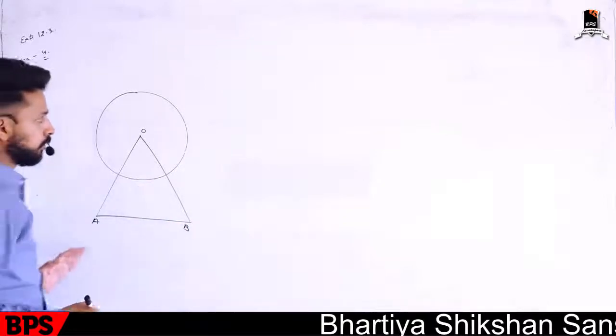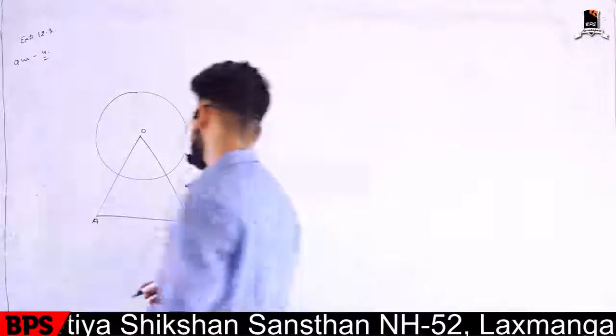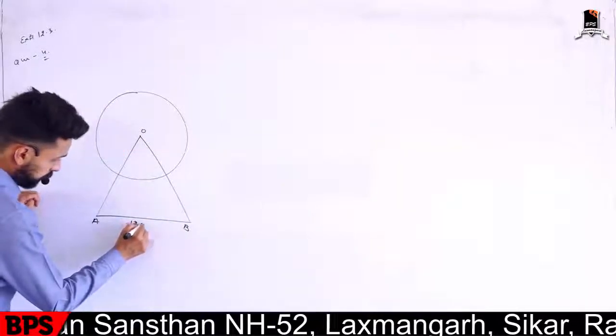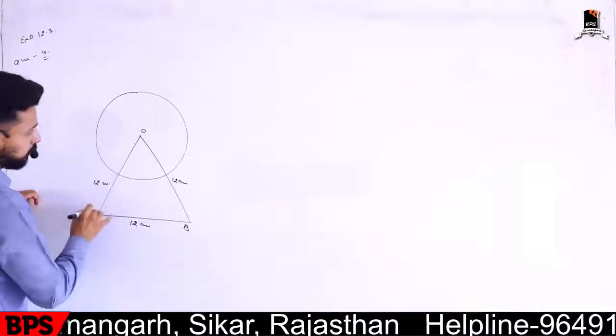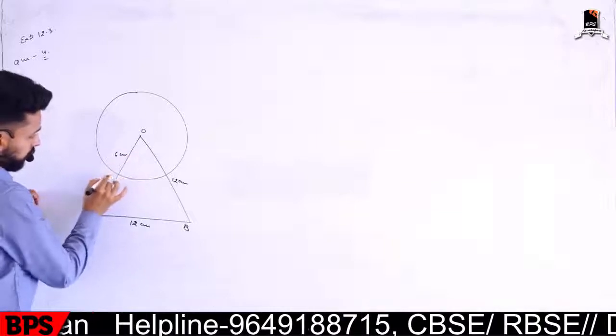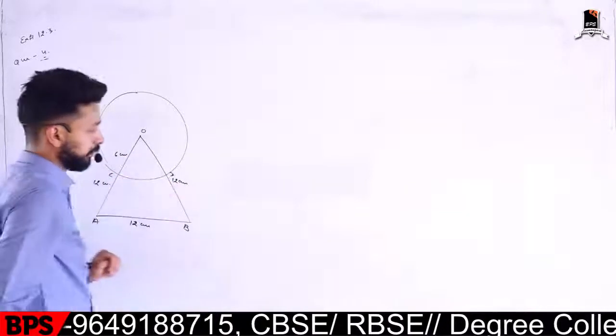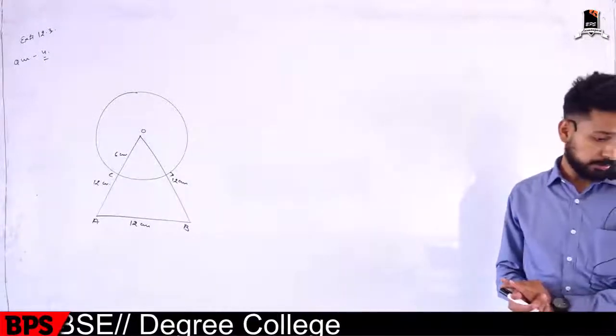OAB is an equilateral triangle. The sides are 12 centimeter, that is also 12 centimeter and 12 centimeter, and the radius of the circle is 6 centimeter. We have to call C and D. Now we have to find the area of the shaded region.